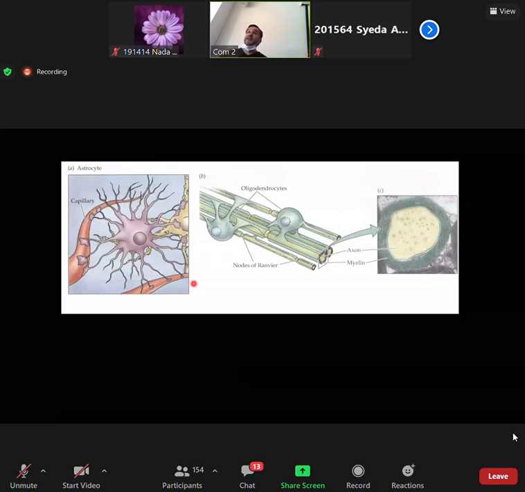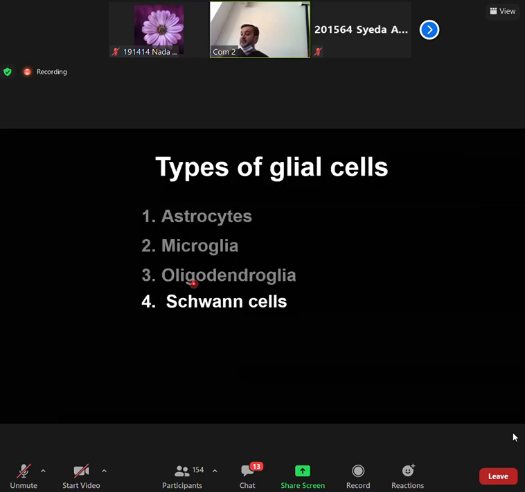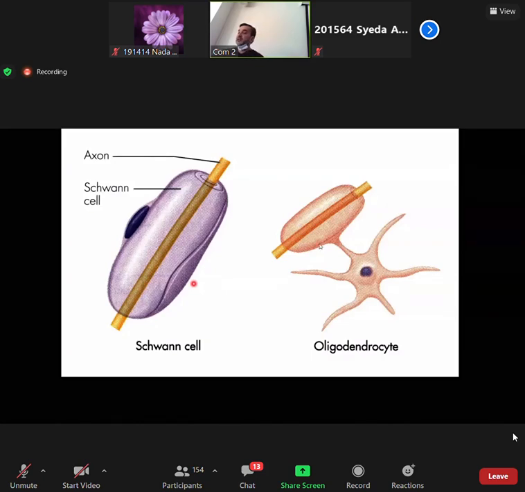If you compare this with Schwann cells, each Schwann cell is going to myelinate one axon. So you see here, Schwann cell is wrapping around one axon, while you would see the oligodendroglia has multiple processes. So each process is going out and myelinating a part of the axon of different neurons.